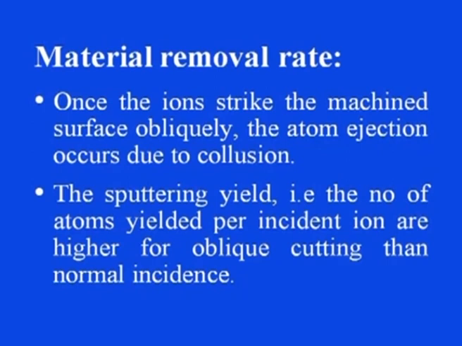The sputtering yield, that is the number of atoms yielded per incident ion, is higher for oblique cutting than normal incidence. The material is removed by transfer of momentum from the incident ions to the atoms on the surface of the material. The atoms removed from the surface are deflected away from the material.